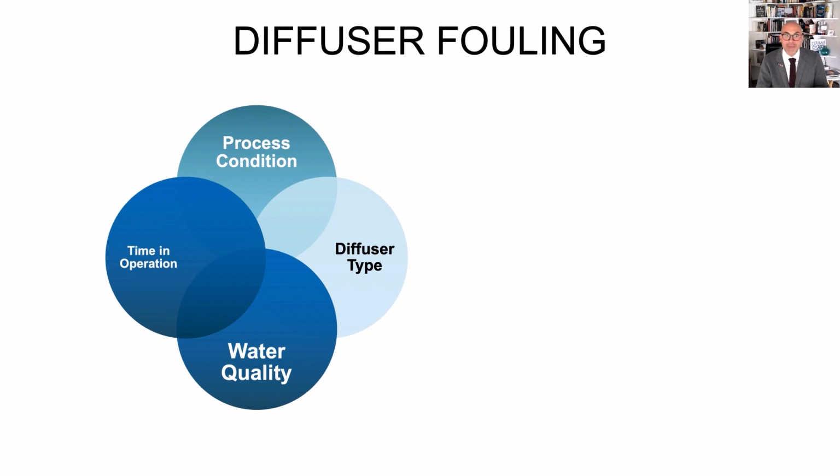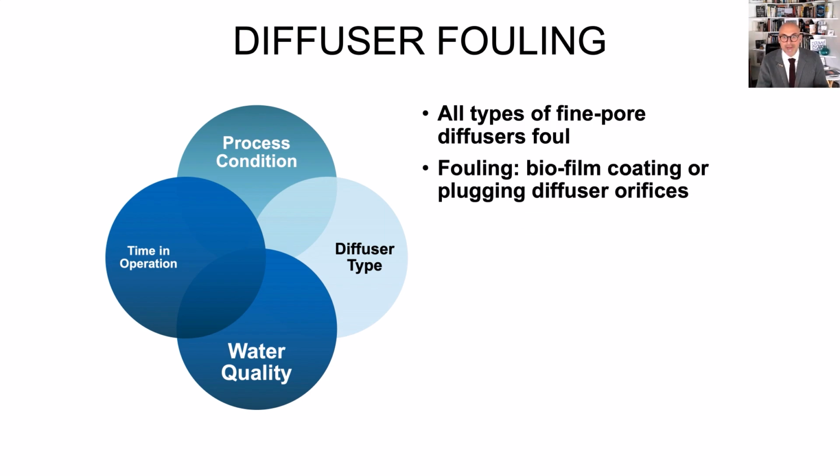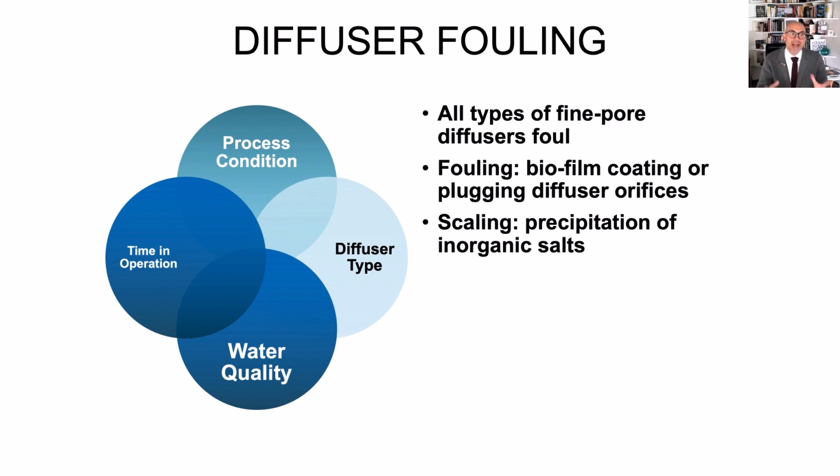With time, diffusers foul. All diffusers foul. There is no diffuser that is foul-proof. Maybe they retard the fouling to a later time, it's slower, but all diffusers foul to some extent. And fouling is a combination of biological fouling, which we tend to use interchangeably with the word fouling, but it's really biofouling, and also scaling, which is the inorganic precipitation.